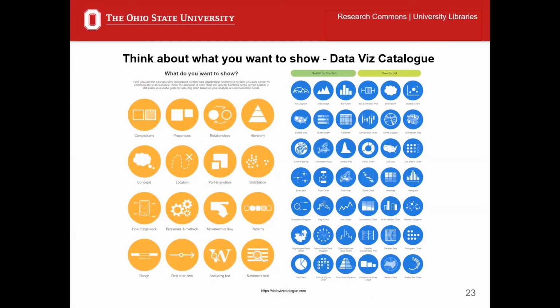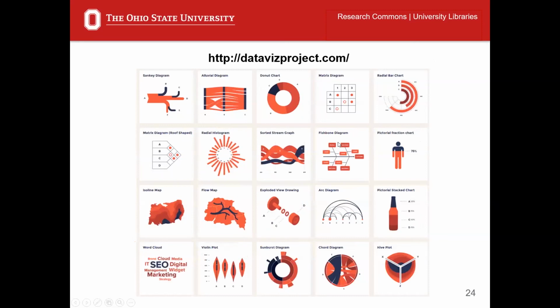They're not R specific, but they're very similar to that R gallery. And they divide visualizations by their function. So are you trying to show distribution? Are you trying to make a comparison, show proportions? Are you trying to visualize some type of concept, movement or flow, etc.? And it allows you to filter based on that. Very similarly, there's a DataVis project.